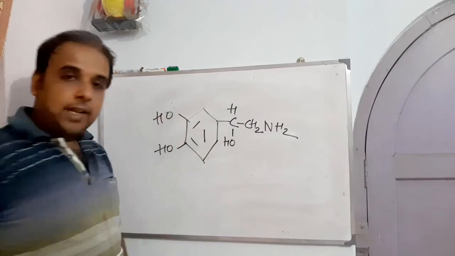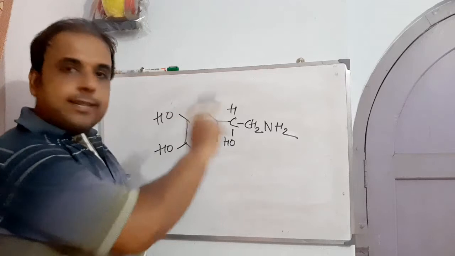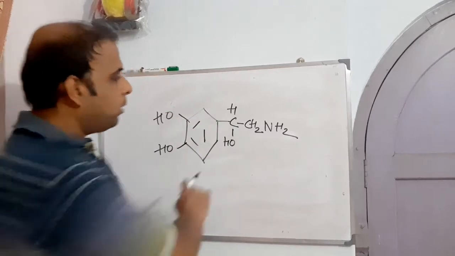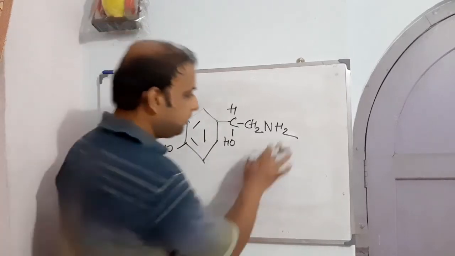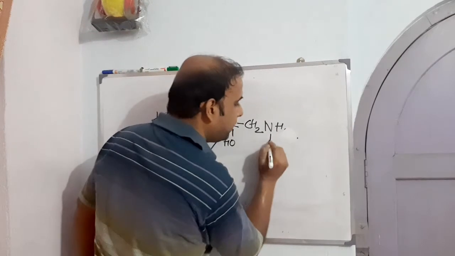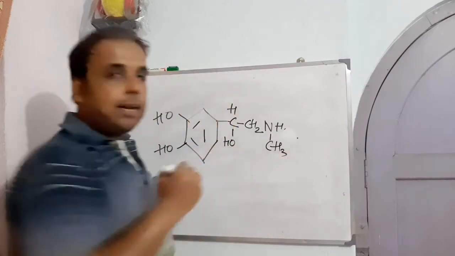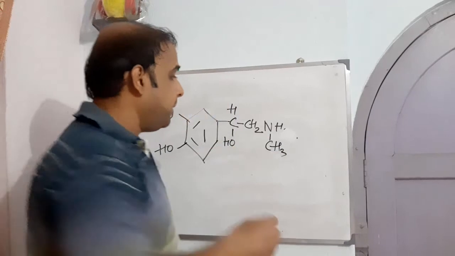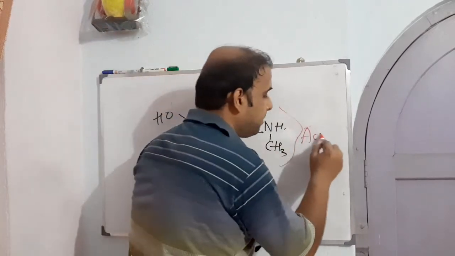So this is your noradrenaline, right? And how will this get converted to adrenaline? Simply you need to methylate this one. This has become adrenaline.